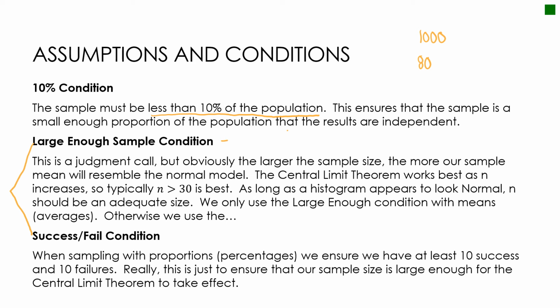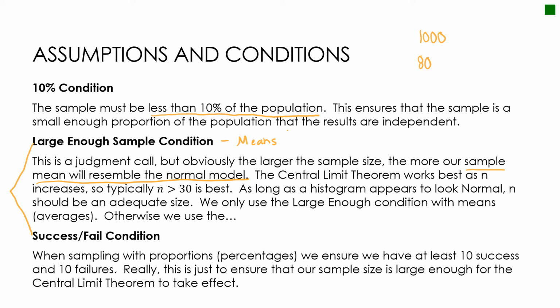So if I'm dealing with means, then I'm going to look right now at the large enough sample condition. And again, when we look further into detail in means, we're going to change that up once more. But for now, we're just saying, hey, we want our sample to be large enough so that our sample mean will represent the normal model.